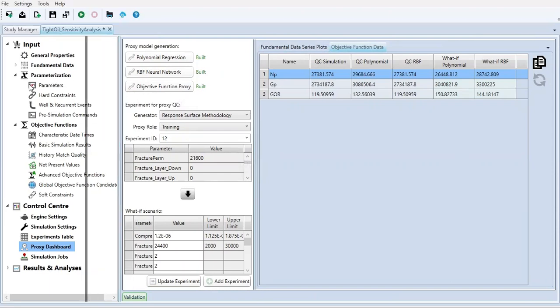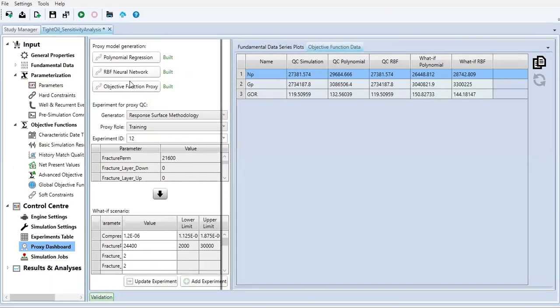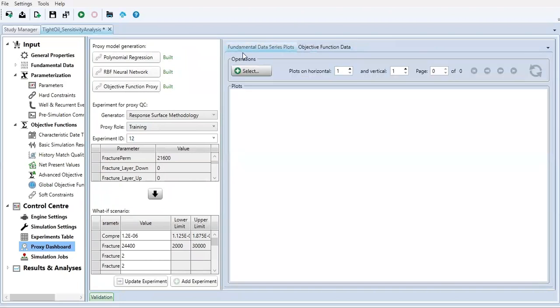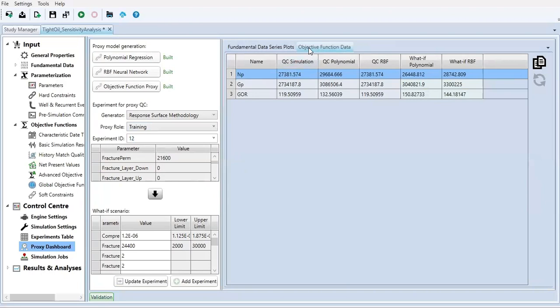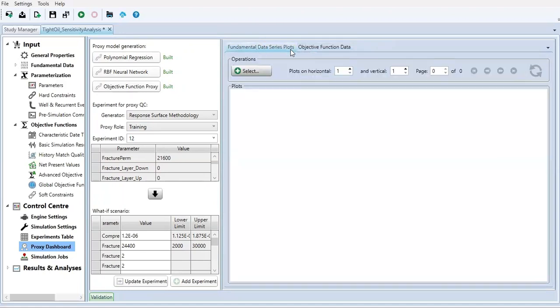Let's check if we can. Yeah, the first one is the fundamental data series plot, and this one is the objective function data, the name, the objective function, cumulative oil, cumulative gas, GOR, QC simulation, QC polynomial, QC RBF, what if polynomial, sorry, and what if RBF, and go to fundamental data series plot.